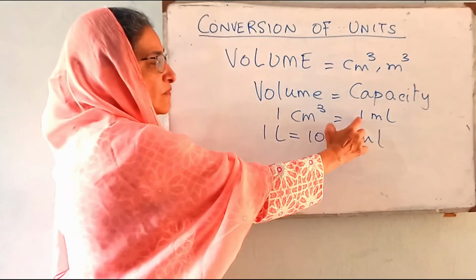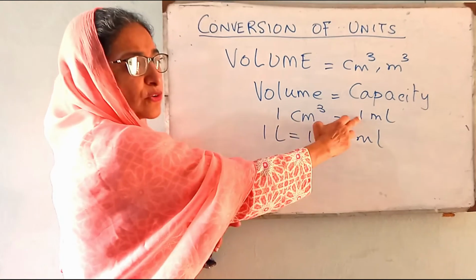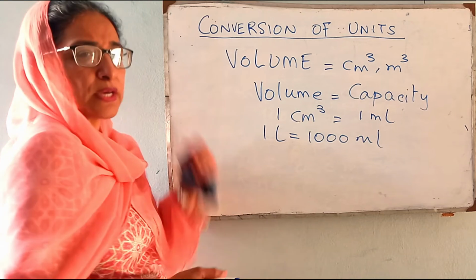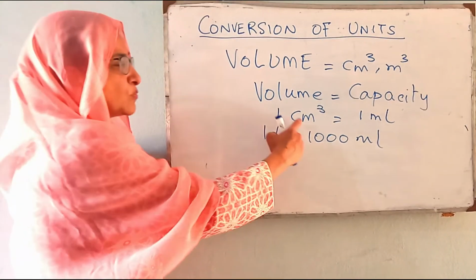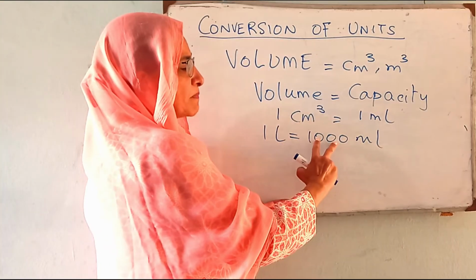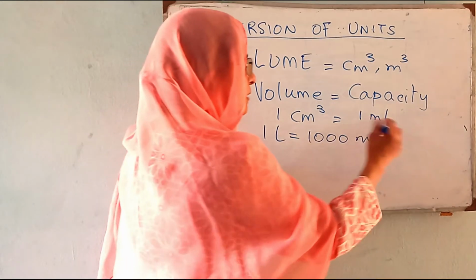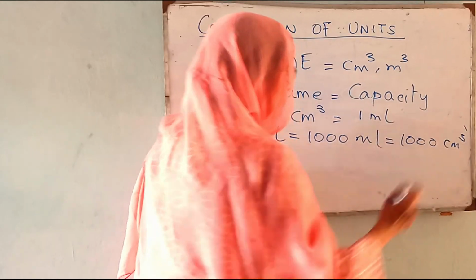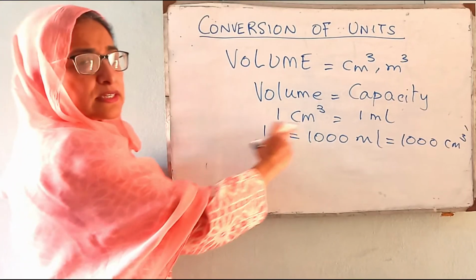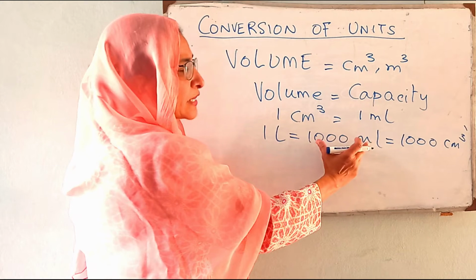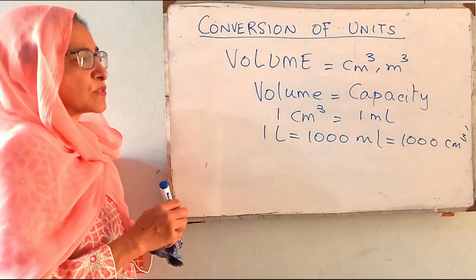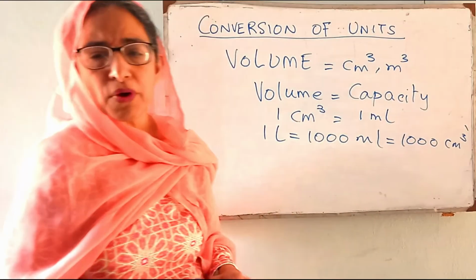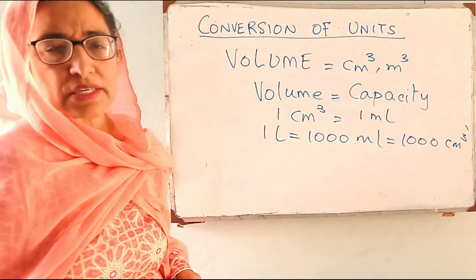From this relationship we know that whatever the number is for milliliters and centimeter cube, the numbers are the same and only the units are different. So this is equal to 1000 centimeter cube. That means 1 liter is equal to 1000 ml, and 1000 ml is equal to 1000 centimeter cube. This is according to the relationship of volume and capacity.